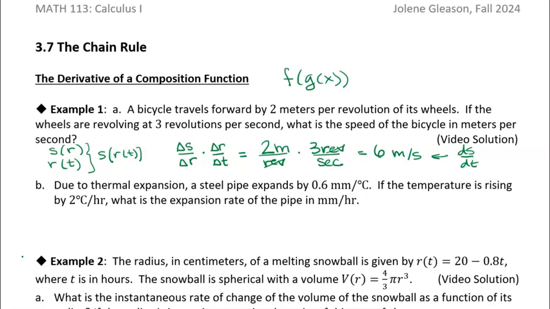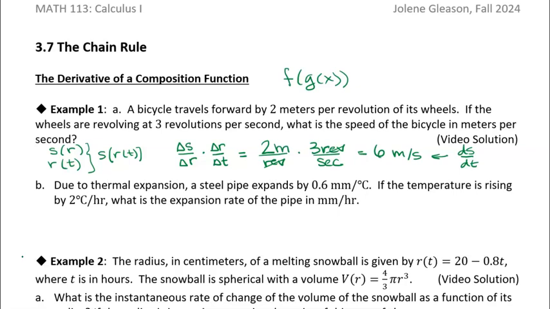All right, let's do a similar thing here. A different example here. Due to thermal expansion, a steel pipe expands by 0.6 millimeters per degree centigrade. If the temperature is rising by 2 degrees Celsius per hour, what is the expansion rate of the pipe in millimeters per hour?